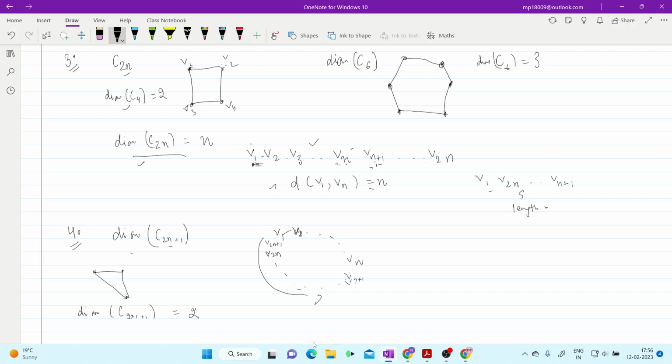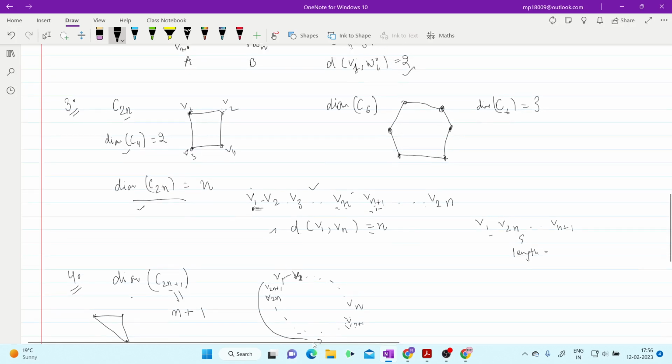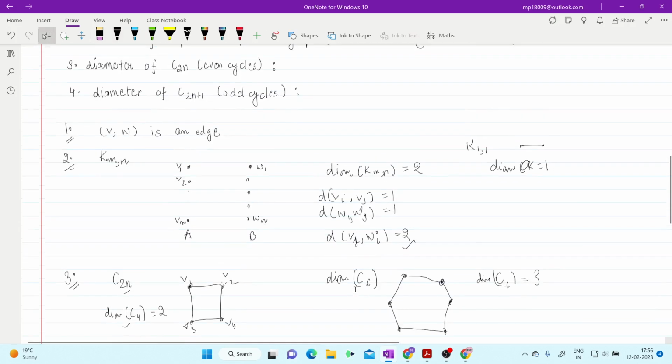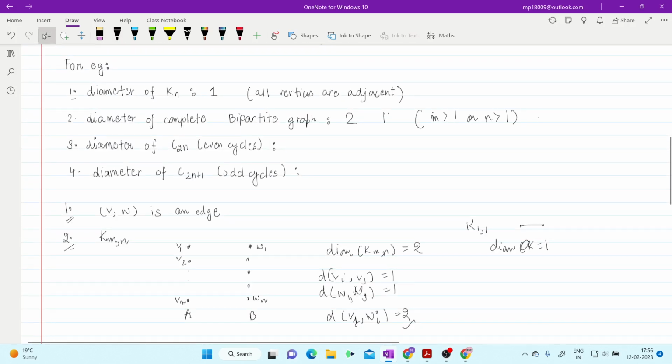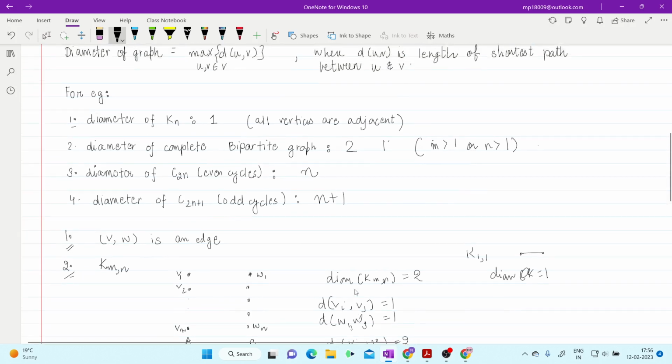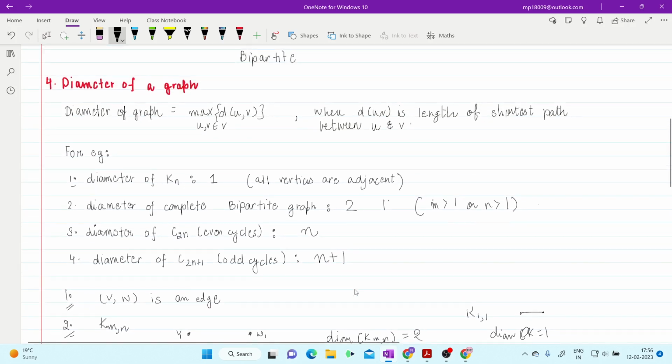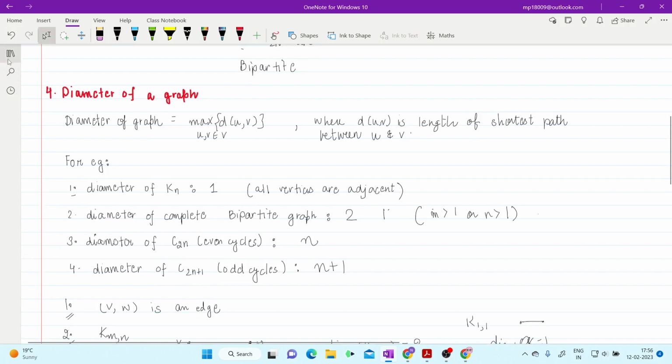So the diameter of C2n plus 1 comes out to be n plus 1. Are all these four examples for diameter fine? So this is n and this is n plus 1. Okay, so let's look at other questions now.